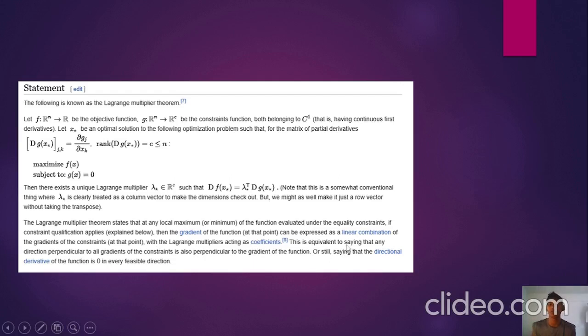This is equivalent to saying that any direction perpendicular to all the gradients of the constraints is also perpendicular to the gradient of the function, or still saying that the directional derivative of the function is 0 in every feasible direction.